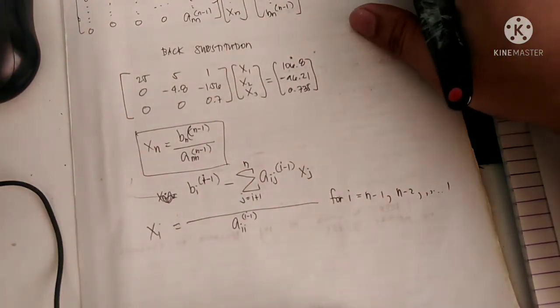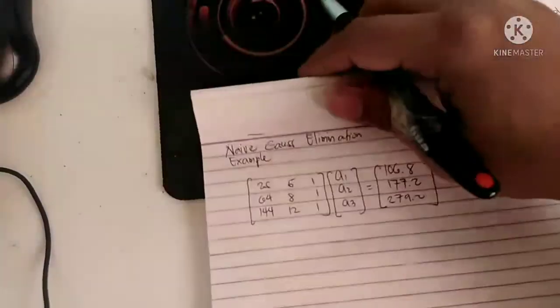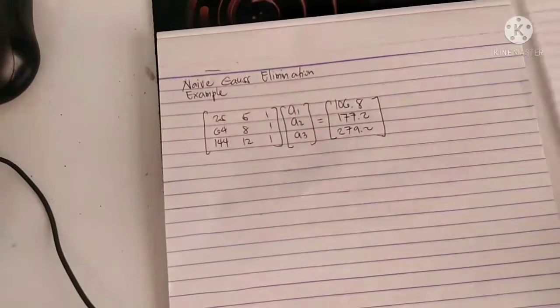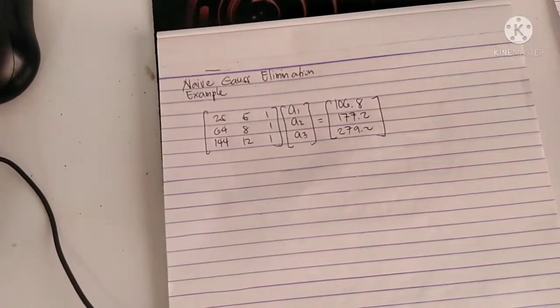To understand this further, let's have an example. We will use the equations that we mentioned earlier. We're going to use the forward elimination, and after that we'll use the back substitution.